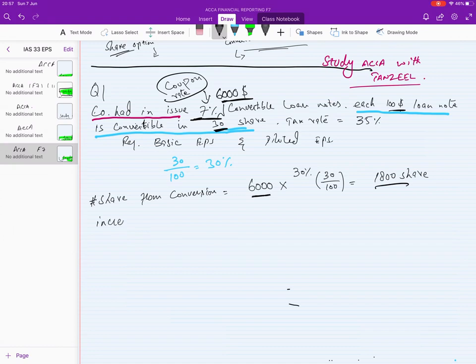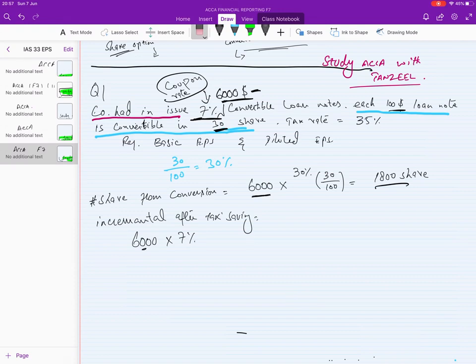So incremental, we will calculate the incremental after-tax saving, because you have to pay tax on the saving. How will we calculate it? The 6,000 amount was here, you paid it off, so you are saving your 7% interest on 6,000.